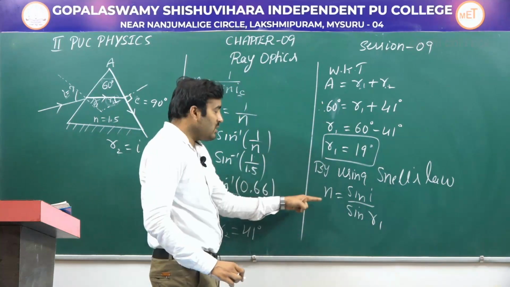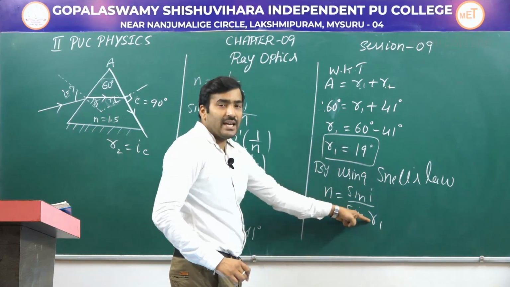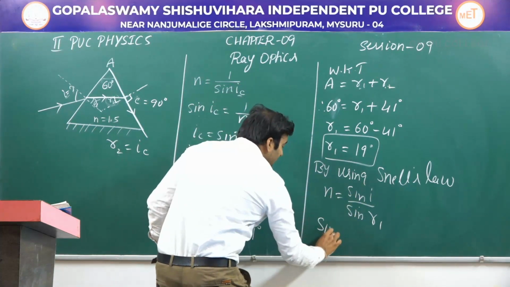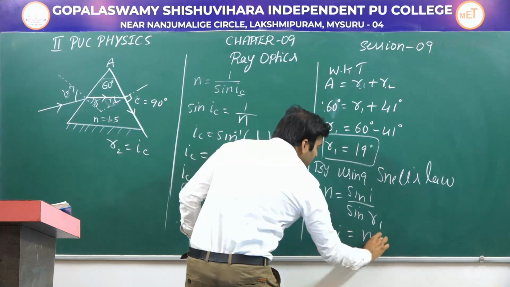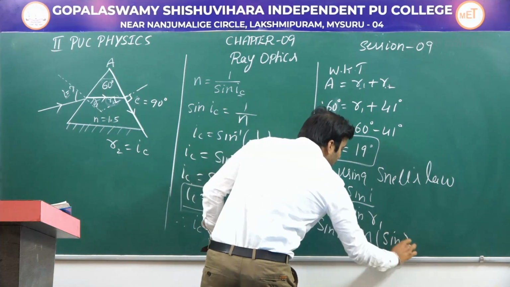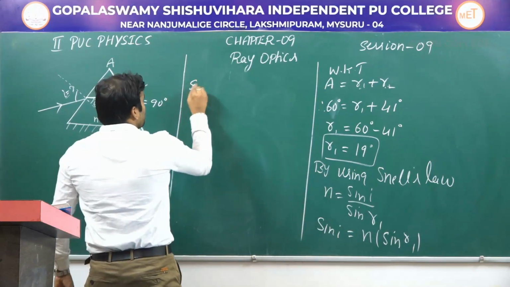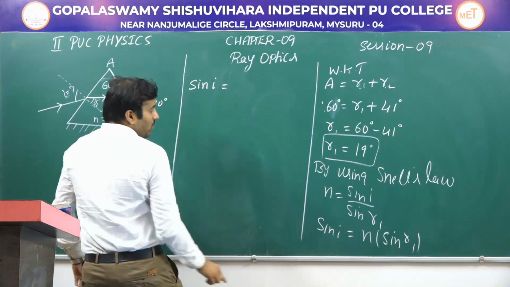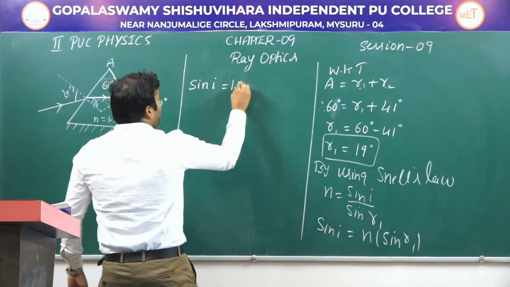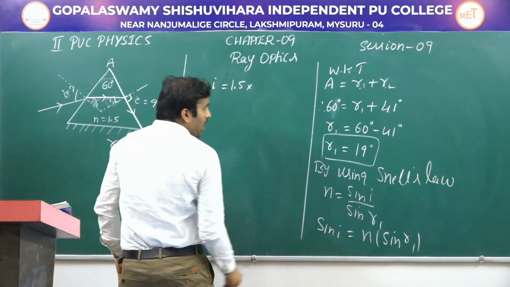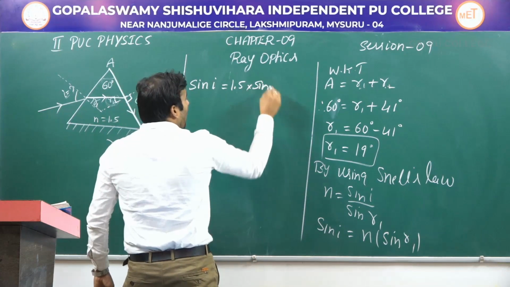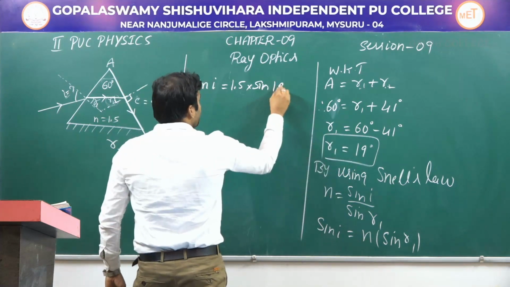For the first refraction, n is equal to sin I by sin R1. So sin I can be written as n into sin R1. Let us substitute the values now. So sin I is equal to n, which is 1.5, into sin R1. R1 is equal to 19 degrees.